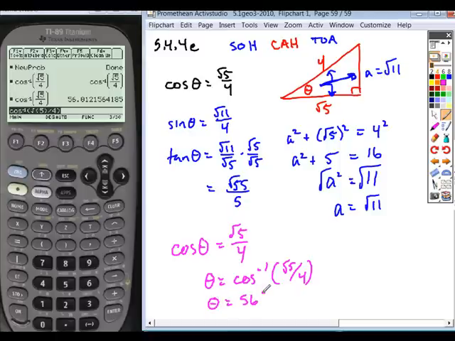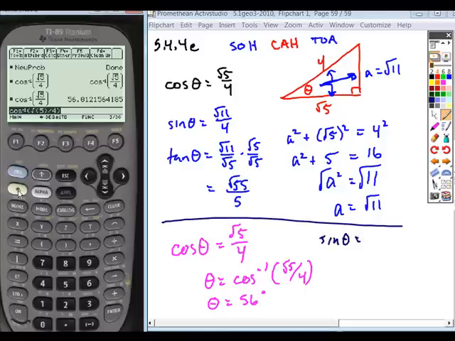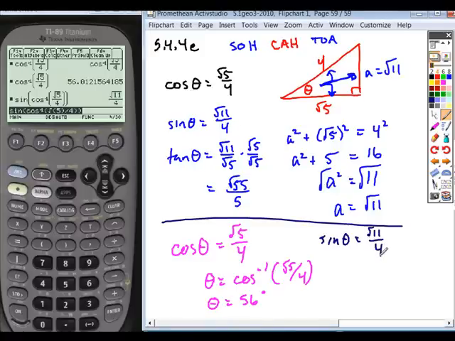And so what you can do here is you can now find the other trig ratios of that same exact measure. So let's say I wanted to find the sine of theta. I could just calculate the sine of, and I could just enter the exact same thing. Here's my exact answer, and so it allows me to put it into the exact form, root 11 over 4. So that confirms what we did by hand.